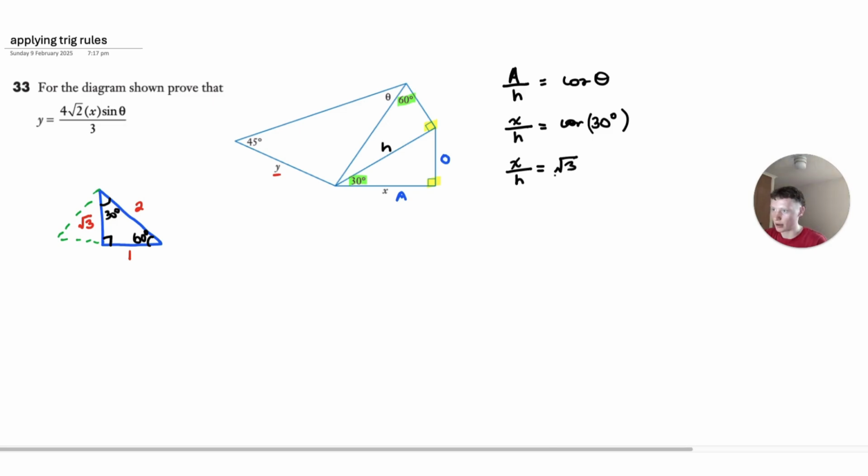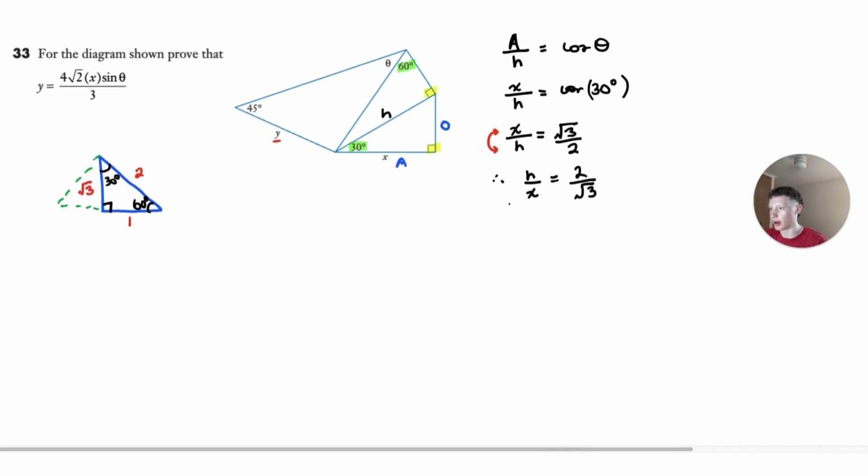√3 over 2. If we rearrange then, I want to find this in terms of the hypotenuse. I think the easiest way to do that is actually to flip both sides here. So I can find the reciprocal of both sides, meaning h over x equals 2 over √3. I then want to rationalize this denominator, meaning that I want the root on the top. So I'm going to multiply through by √3 over √3.